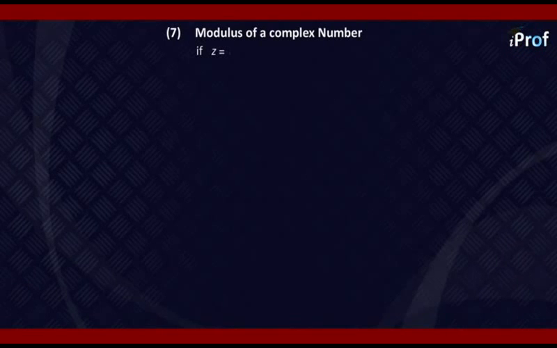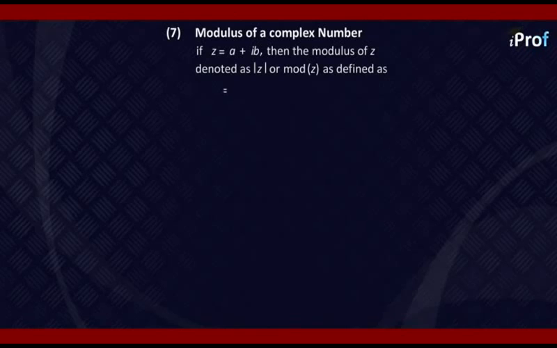The next and most important concept of a complex number is the modulus of a complex number. If z is equal to a plus iota b, then the modulus of z, mod z, is defined as mod z is equal to square root of a square plus b square.